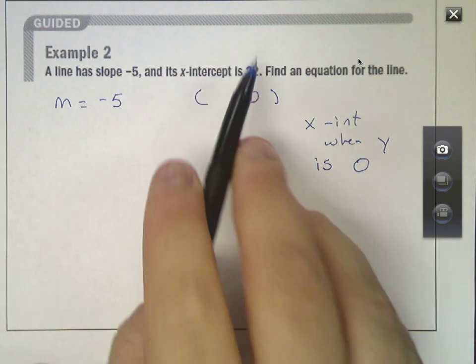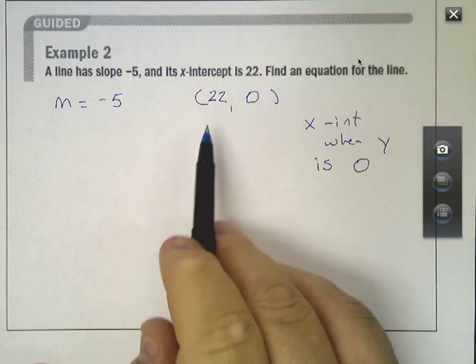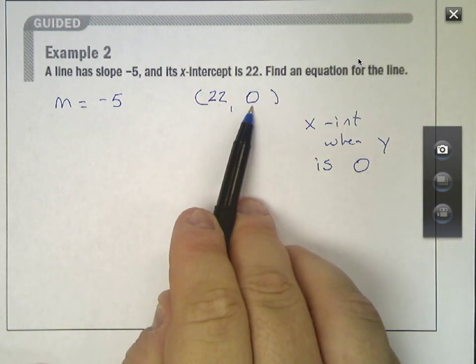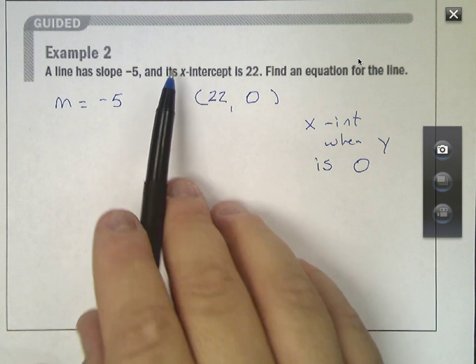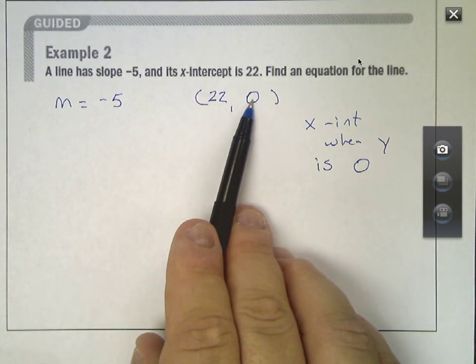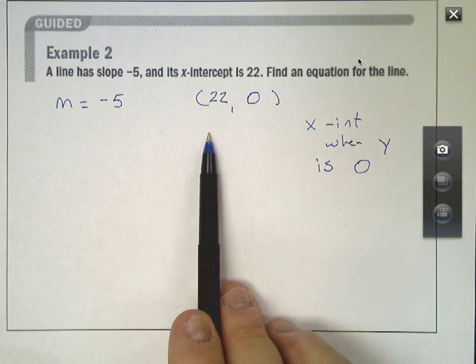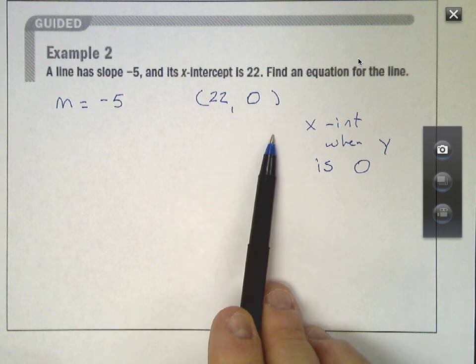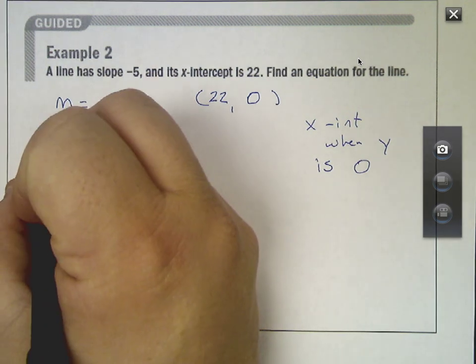So, when y is 0, my x-intercept is 22. So the point that you actually know is 22, 0. It's very important that you know what an x-intercept looks like, what the coordinate point looks like. The number, 0, that's the x-intercept. If we had a y-intercept, it would be when x equals 0, so we would have 0, some number.